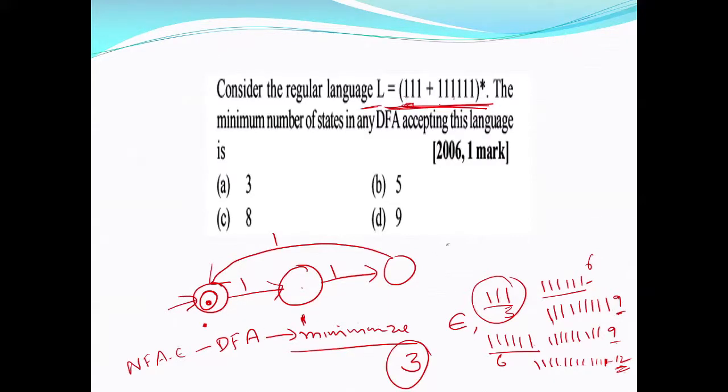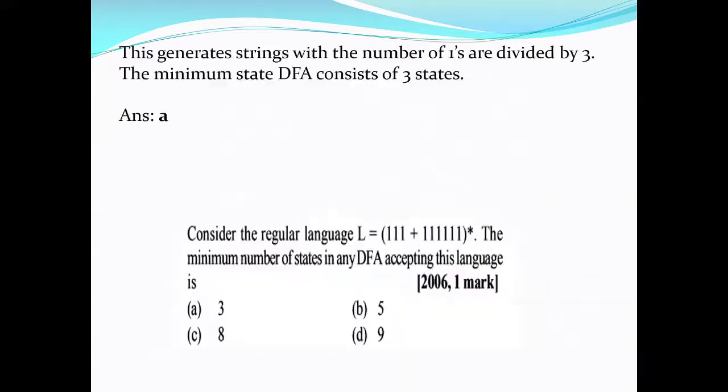Any string of all ones whose total number is divisible by 3 ends here. Less than this is not possible because you always have to count whether the total number of ones is divisible by 3 or not. So this is your answer. Less than this is not possible.